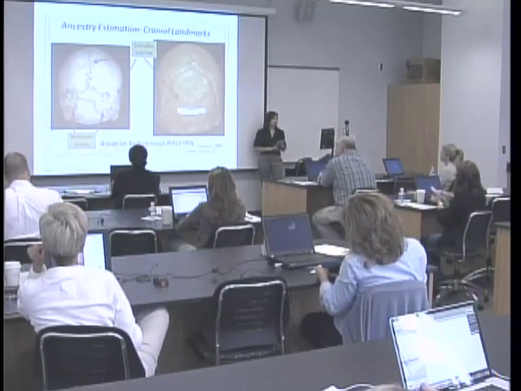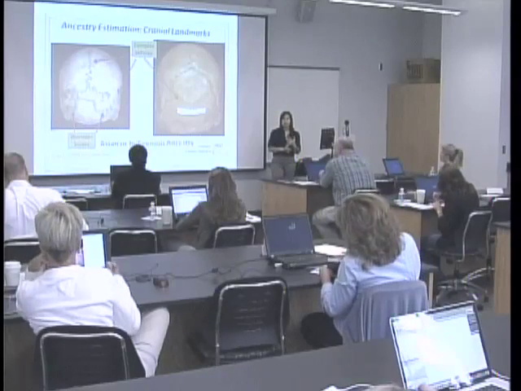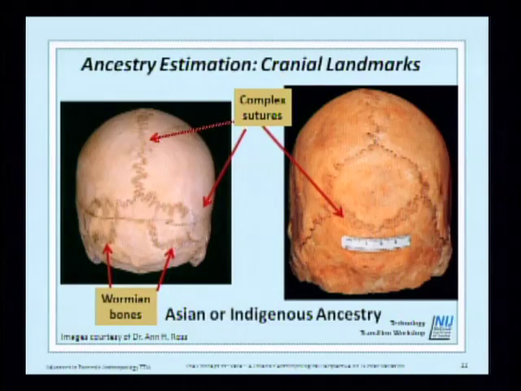Another thing that we find is individuals of Hispanic ancestry or in the Americas have some complex sutures. A lot of times it's geographically specific, but many times we'll see individuals of Mesoamerican origin that have these complex sutures because they're asymmetrical in the vault.